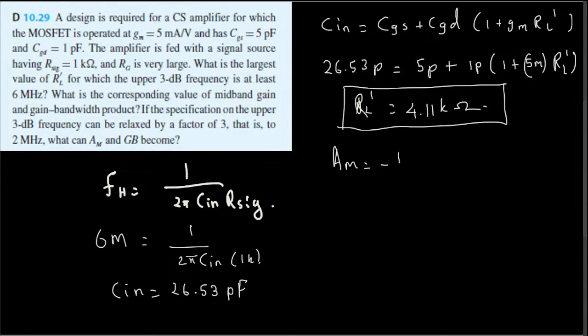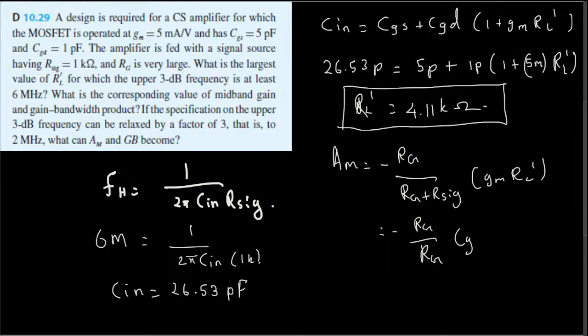AM is given by negative Rg over Rg plus Rsig times gm RL prime, and for a midband gain, Rsig effect is 0, so this is negative Rg over Rg times gm RL prime. Rg over Rg becomes 1, so this is going to be just negative gm RL prime. That's our AM.